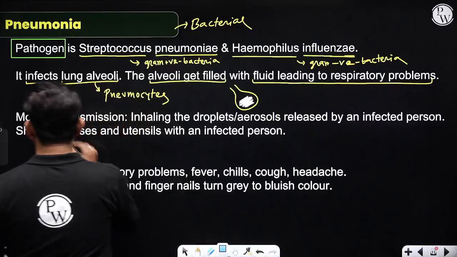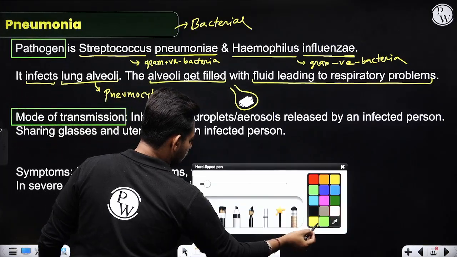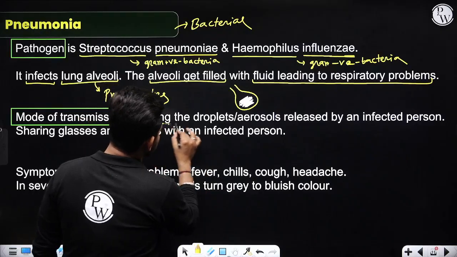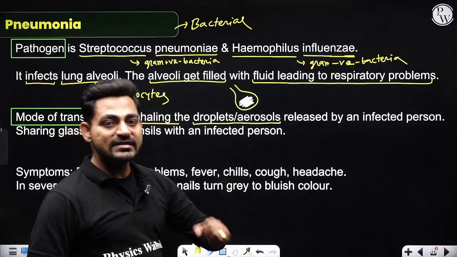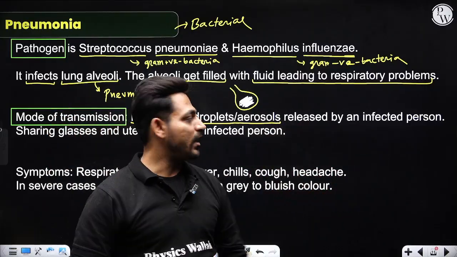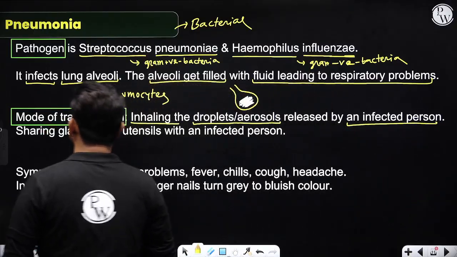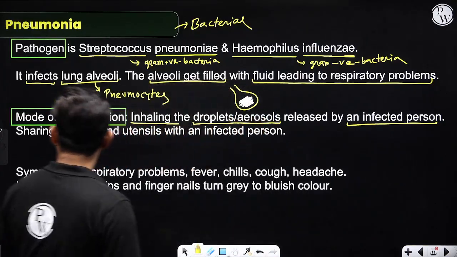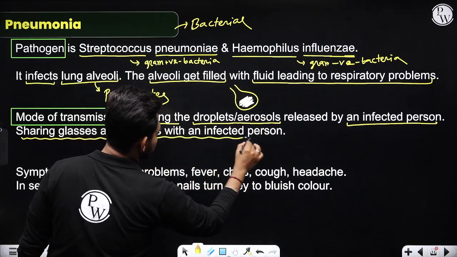Now let's talk about the mode of transmission of this particular disease. Basically, it's an airborne disease. Inhaling the droplets or aerosols, like if you are sneezing, the droplets float into the air in the form of aerosols released by an infected person during coughing or sneezing, and obviously sharing glasses and utensils with an infected person.